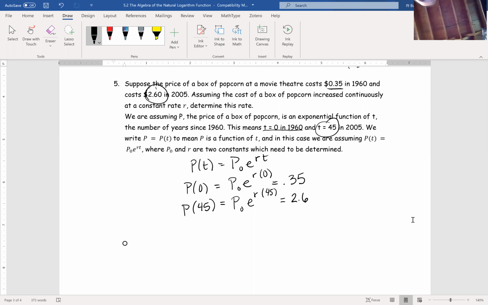This first equation, the e to the r times 0, well, e to the 0 we've discussed is 1. So this equation tells us P0 is just 0.35. So then we can come down here and plug that in.